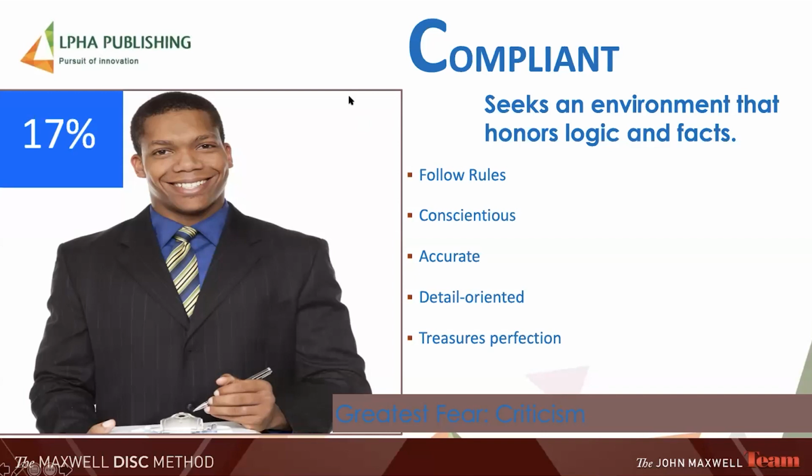17% is compliant. Now, how do you know a compliant person? They seek an environment that honors logic and facts. They follow rules. They're conscientious, accurate, and detail-oriented. They treasure perfection.